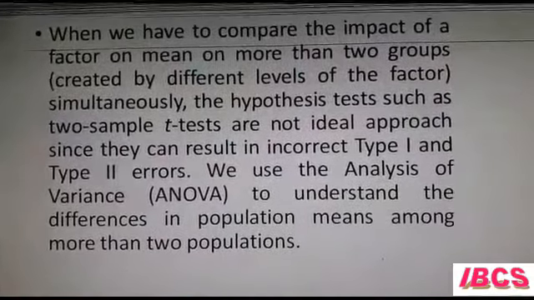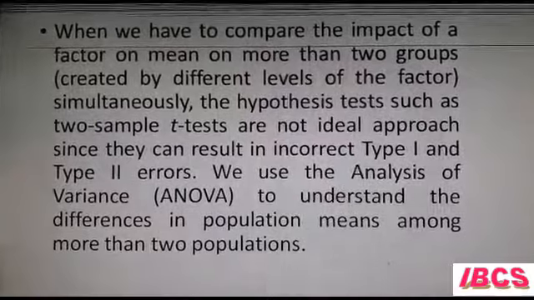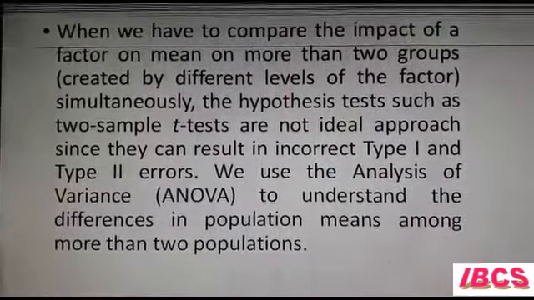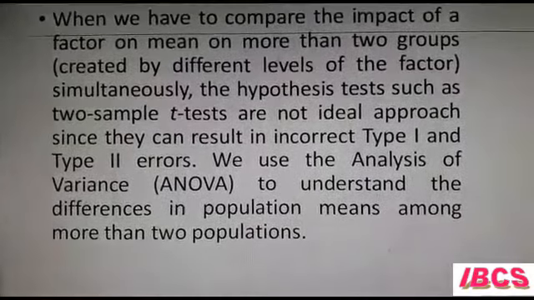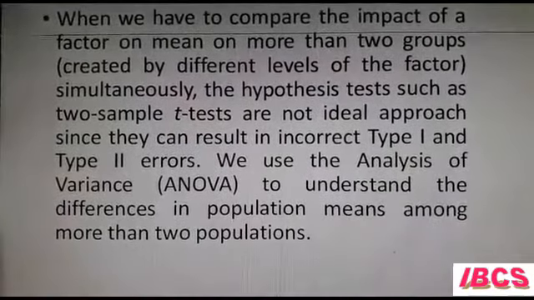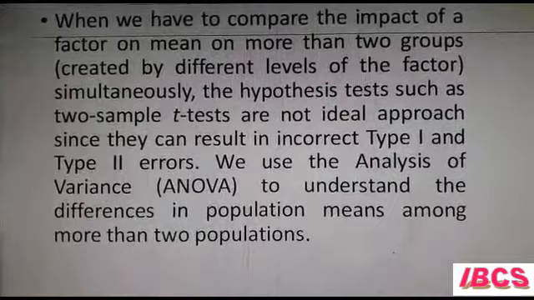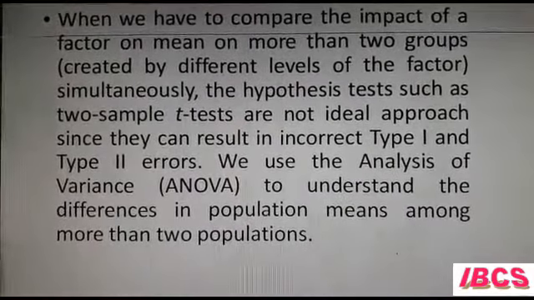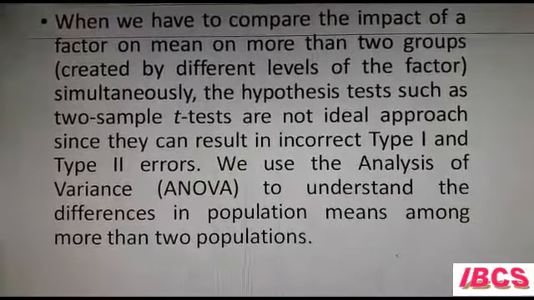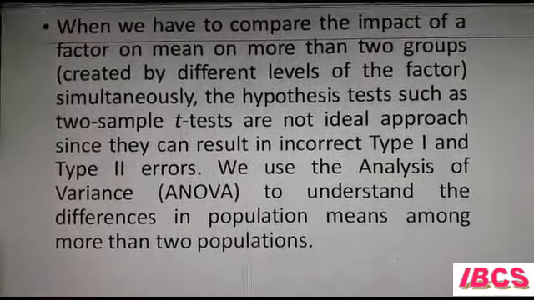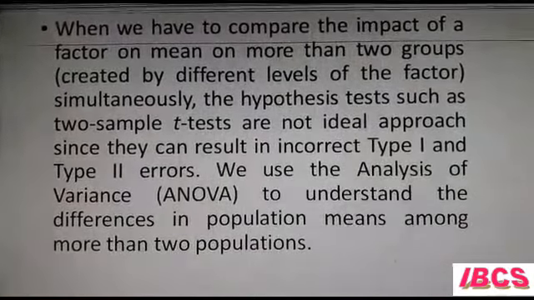So when we have to compare the impact of a factor on the mean of more than two groups simultaneously, hypothesis tests such as the two sample t-test are not an ideal approach, since they can result in incorrect type 1 and type 2 errors. So we use the analysis of variance to understand the differences in population mean among more than two populations.